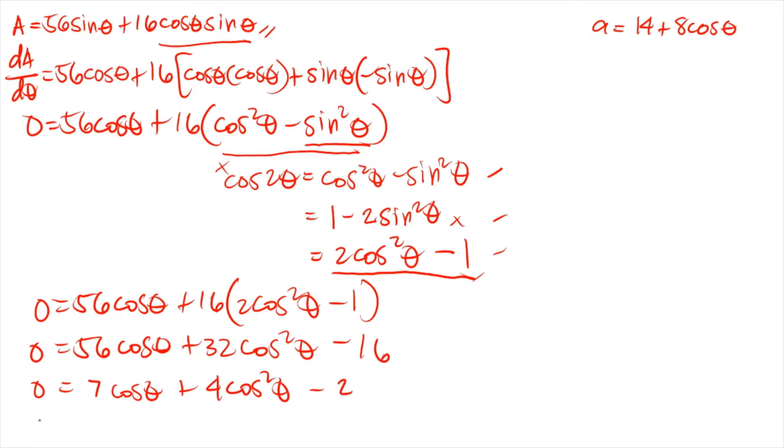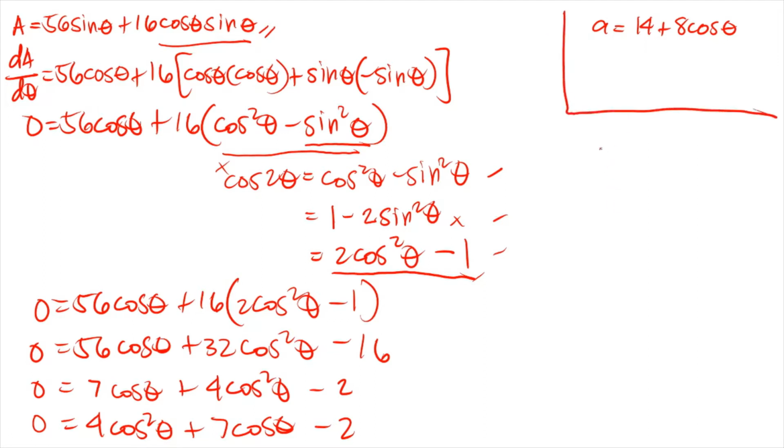Then we can rearrange so that we can see that it takes the form of a quadratic equation, right? If we let, for example, cosine theta be x, you get 0 equals 4x squared plus 7x minus 2.